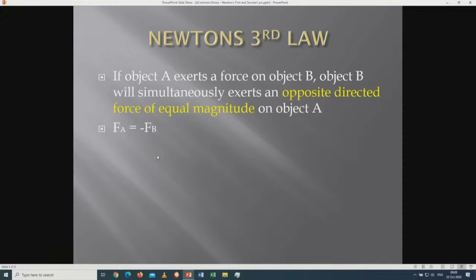If you want to put Newton's third law in symbol form, you can do it this way. The force exerted by A on B is equal to the force exerted by B on A, but very important, the direction of the force exerted by B differs from that, it is opposite in direction.